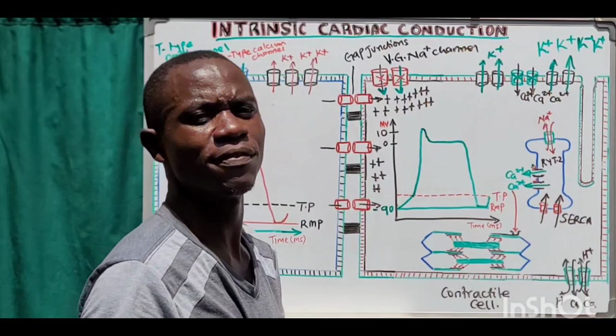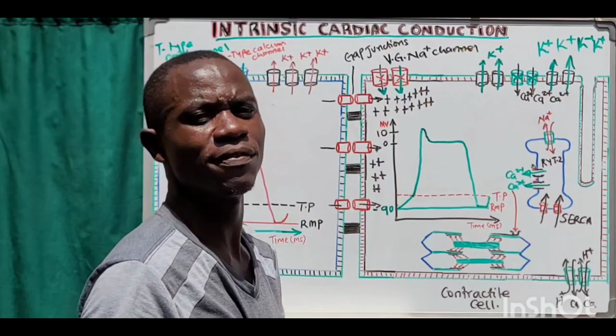And then this one here is going to be phase 3, whereby we are going to be having an extensive efflux of potassium. And then this one here is going to be our phase 4, when the membrane potential comes back to the resting membrane potential, until there are calcium ions coming from the nodal cell that can bring the membrane potential back to threshold. Okay, that also makes a lot of sense.